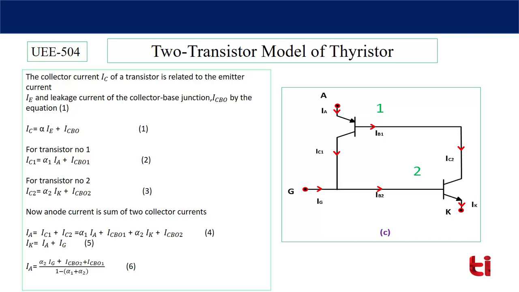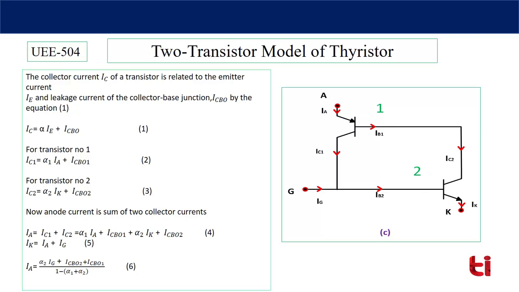So from equation number 4, we can write anode current is equal to IC1 plus IC2 is equal to alpha 1 IA plus ICB01 plus alpha 2 IK plus ICB02, simply substituting the values of IC1 and IC2 from equation number 2 and 3. Now replace the value of IK equal to IA plus IG in equation number 4.